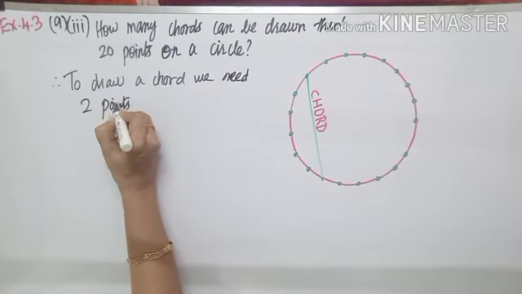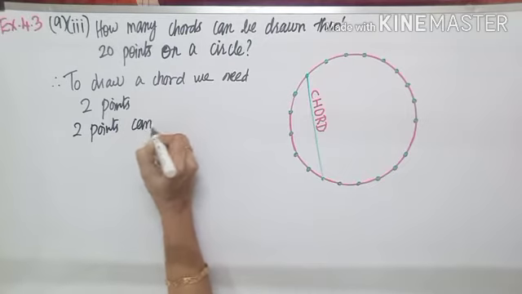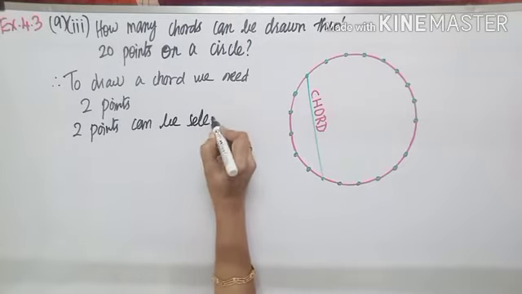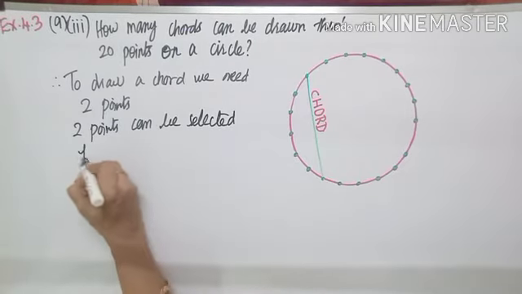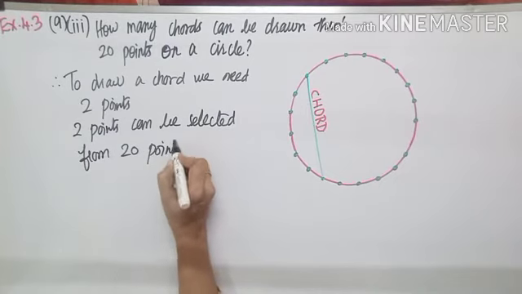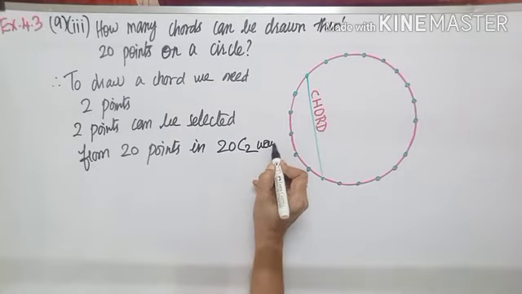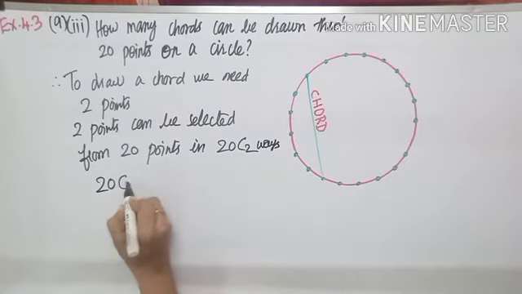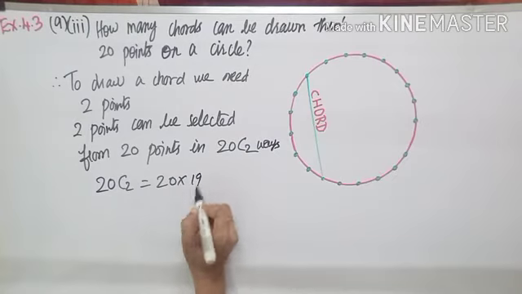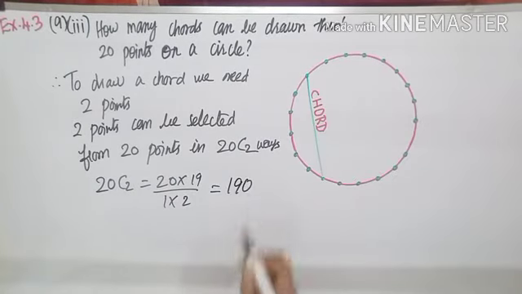How shall we select? 2 points can be selected from 20 in 20C2 ways. How to calculate 20C2? 20 into 19 by 1 into 2. Calculate, it is 190. So we can draw 190 chords.